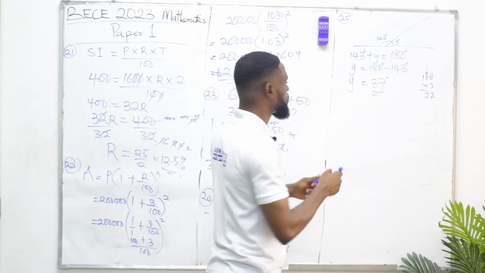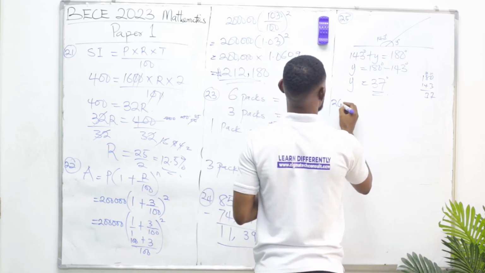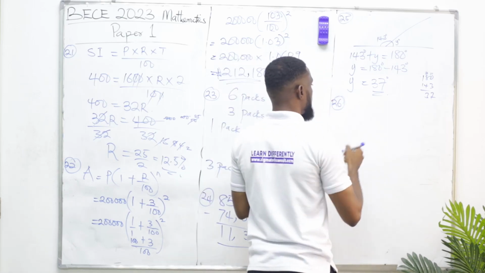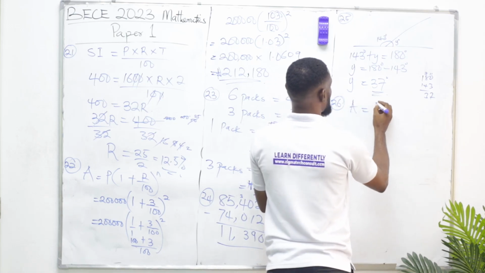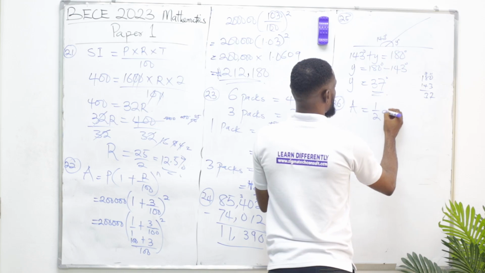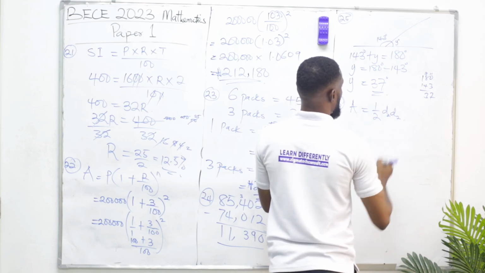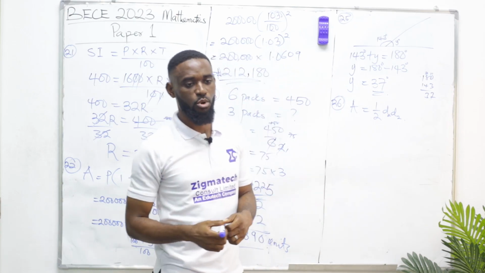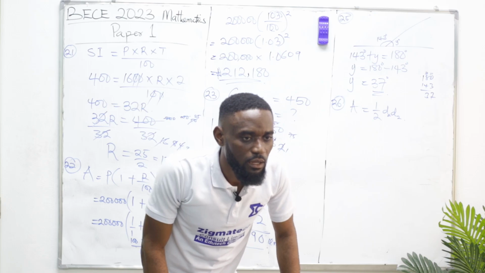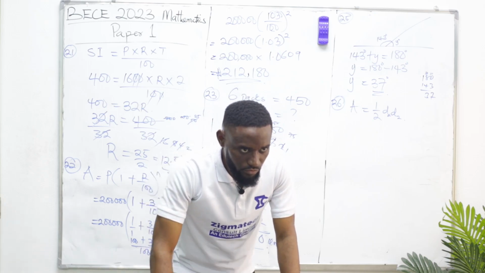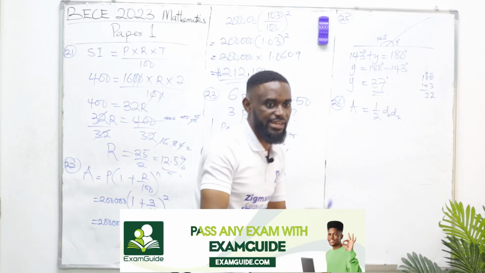All right, so 26. We have a rhombus. The area of a rhombus is equal to 1/2 the first diagonal multiplied by the second diagonal, all right? That is the formula, right? Okay, so the area there is given as 48.